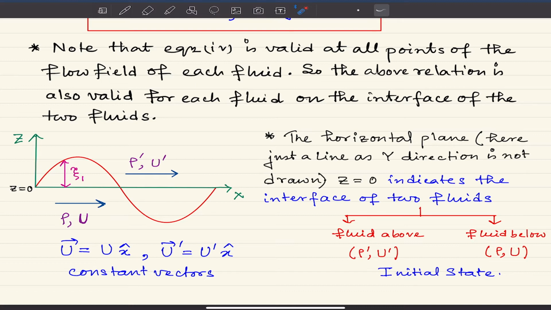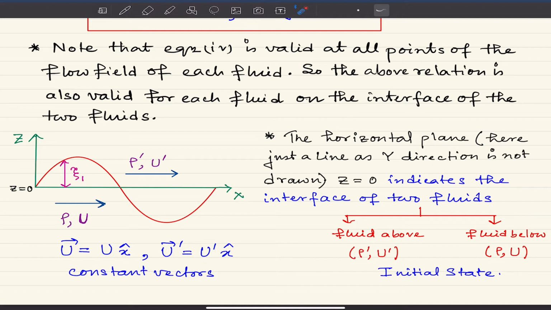Okay, so u is equal to u times x cap, and u prime is equal to u prime x cap, and these two are constant vectors. Because their magnitudes are constant, their directions are constant. So these two are constant vectors.